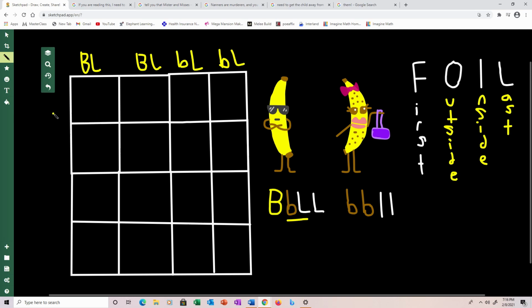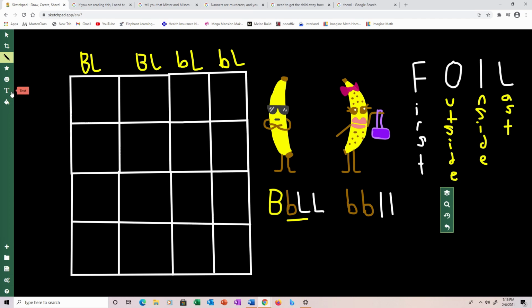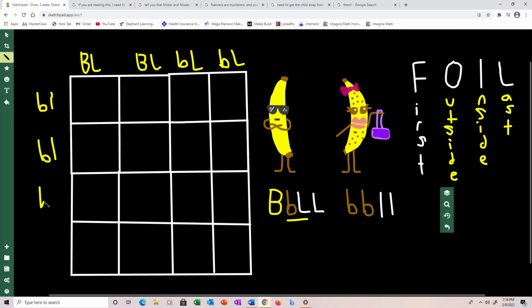But we're still going to FOIL, and we are going to just do it on the other side, just like the tiny box. All right, so I filled in Mrs. Nanners, which was pretty easy.